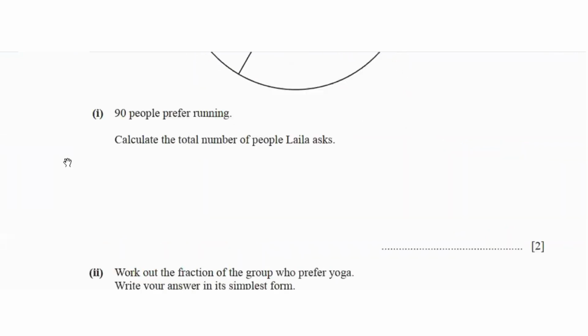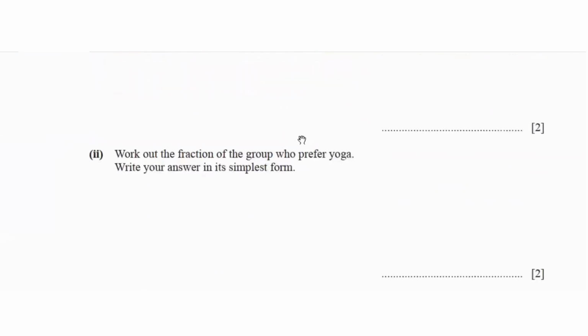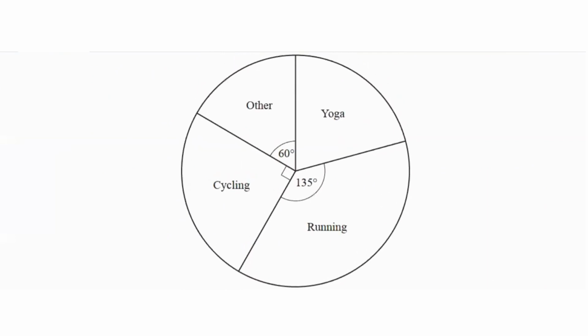Then work out the fraction of the group who prefer yoga, giving us in simplest form. So for yoga, we're going to find the angle first. Angle of yoga is going to be 360 minus 60 minus 90 and minus 135.